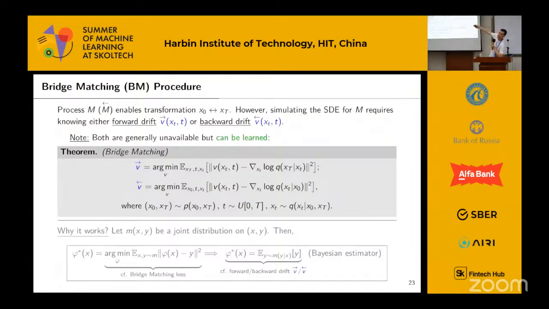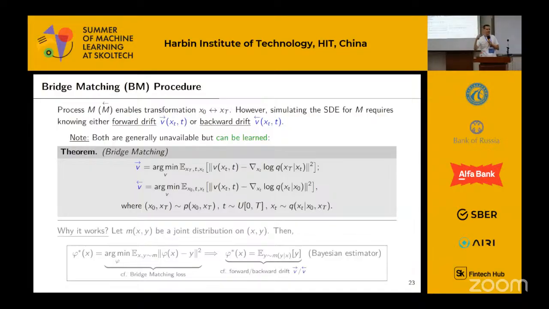So what do we do in this optimization problem? There is some analogy with flow matching, and I will talk about it in a few slides in a simpler case. But the main idea is you sample from your interpolation process, from your reciprocal process. You sample jointly the endpoint and intermediate point. You can do this because you can first sample the input point, endpoint, and intermediate point together. And then you regress your drift on some average score function, which is tractable and known.